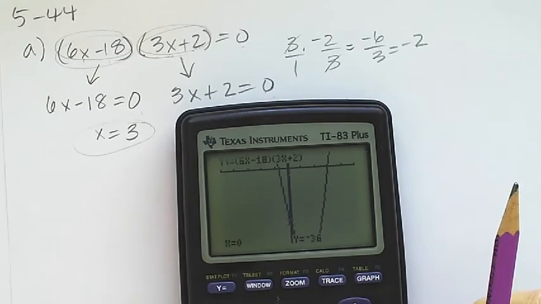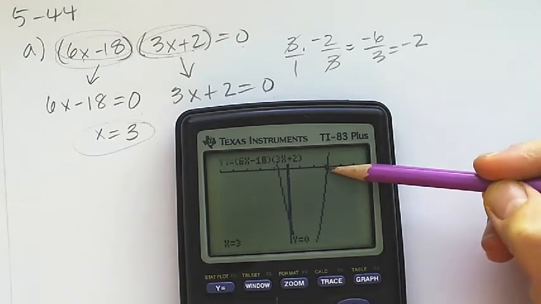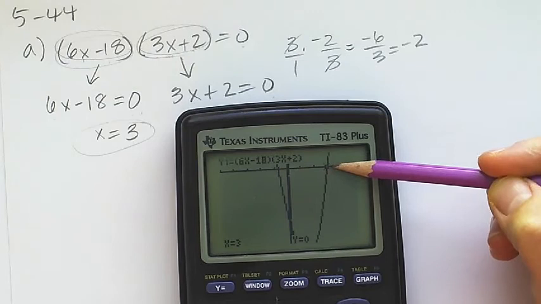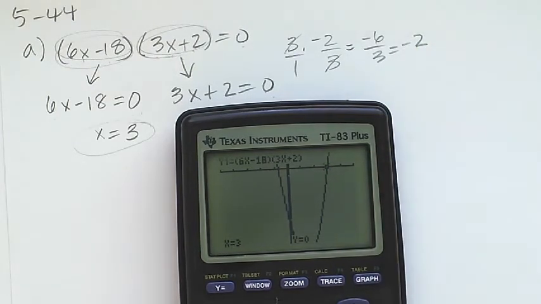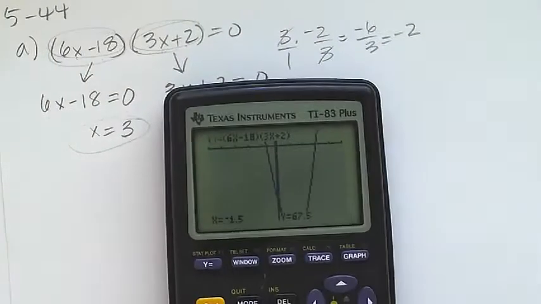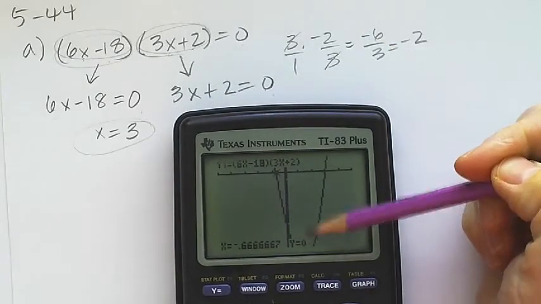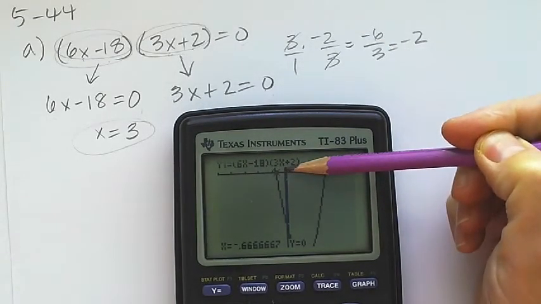If I press trace, and 3 should pop up right on 0. There's an x-intercept right there. And then I'm going to do negative 3 over 2. Oops, sorry, negative 2 over 3. And that is my other x-intercept.